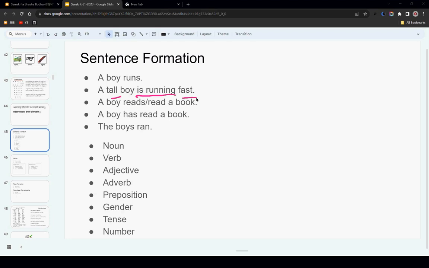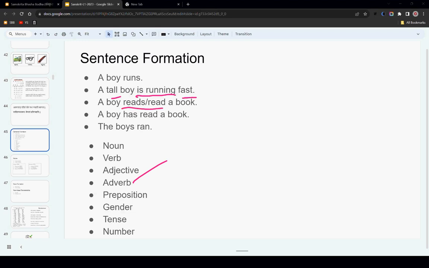So that is an adverb, right? In English it is called adverb. So these kinds of words could be in the sentence, whether it is English or any language. What are the characteristics of a noun, or what are the characteristics of an action? Those could also be in a sentence.